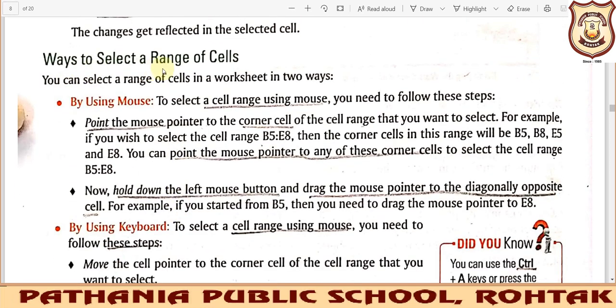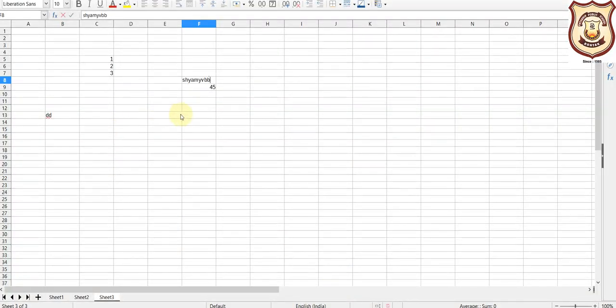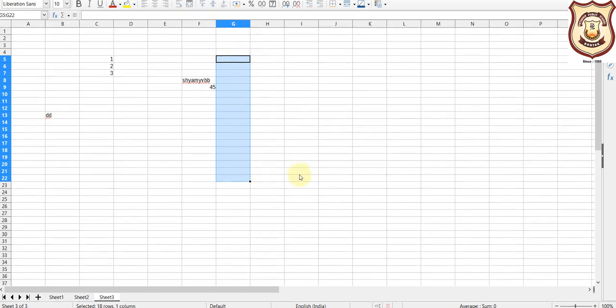Then ways to select a range of cells: you can select a number of cells with the help of the mouse, or you can select with the help of the keyboard also. I can show you this also. If I want to select using the mouse, I can select both, or otherwise also. Or I can use the arrow keys.